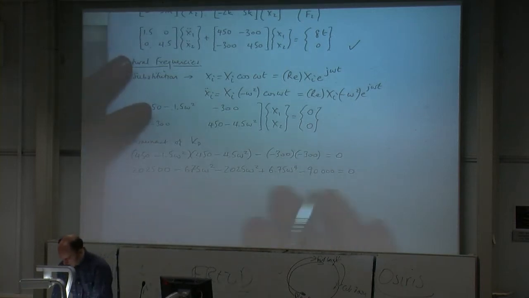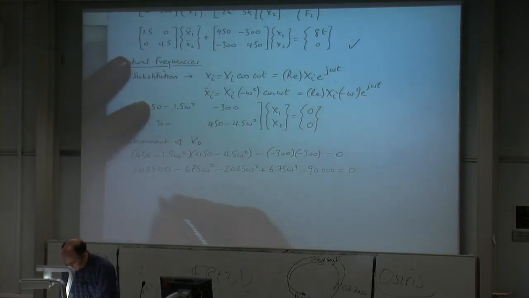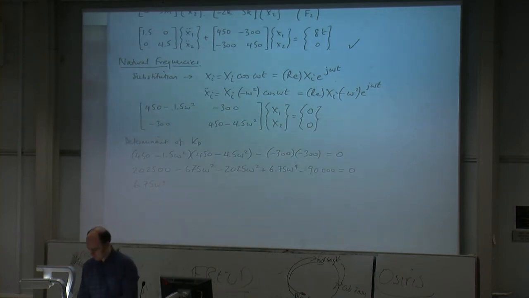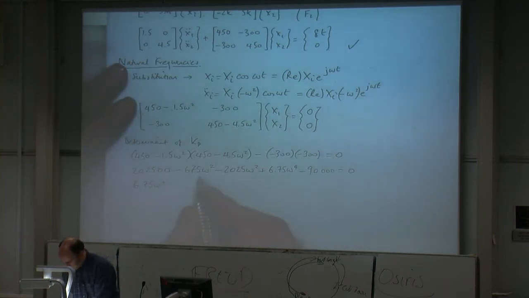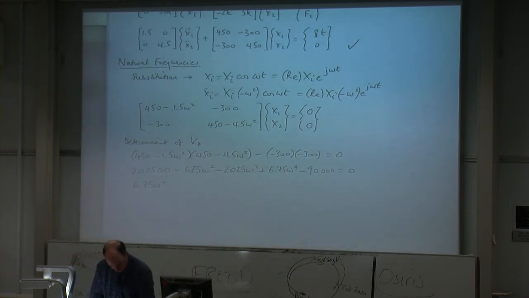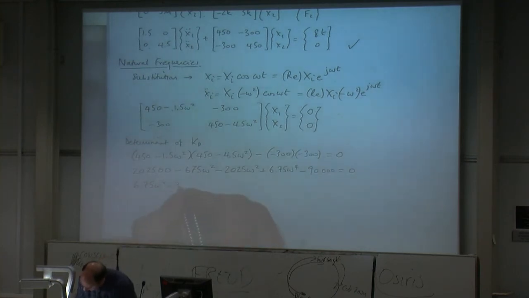So that's some simple arithmetic multiplying quantities out. And then we can group some of these things together because some of them make sense. So let's put this omega to the power 4 at the front: 6.75 omega to the power 4. Then we've got the omega squared term, so we've got minus 675 minus 2025, so that's going to be minus 2,700 omega squared.